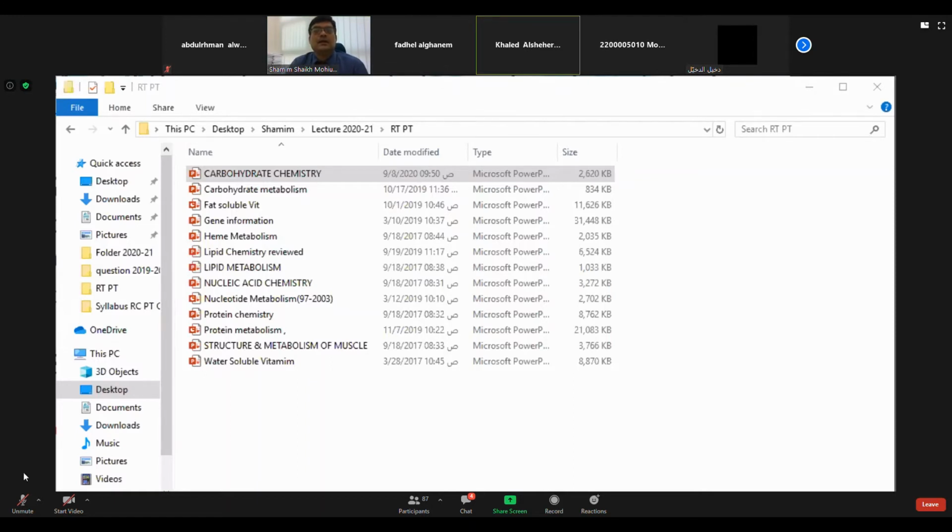We still see the files from the beginning: carbohydrates, fats, gene information. We see the documents, the outside folder.